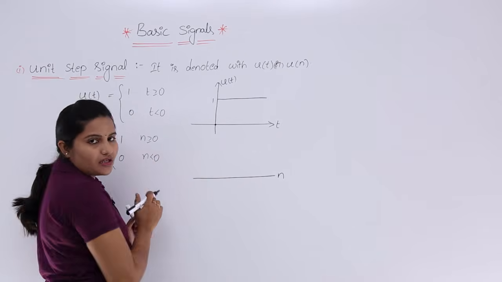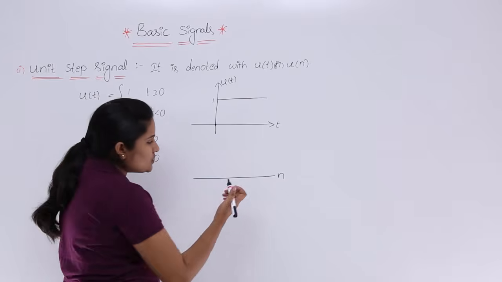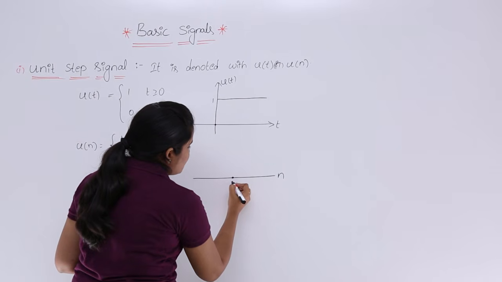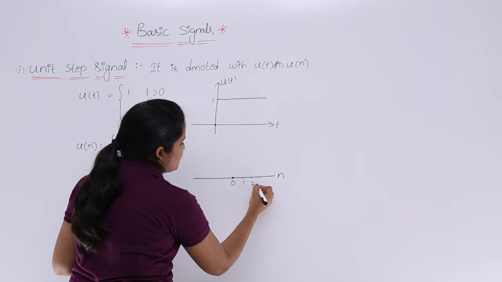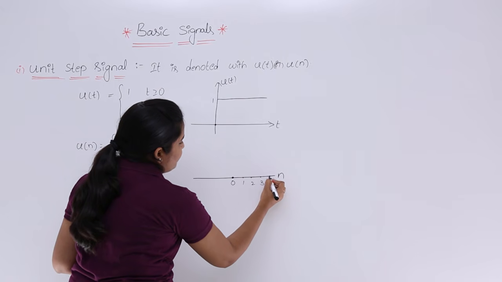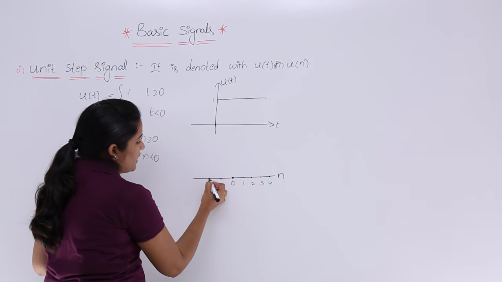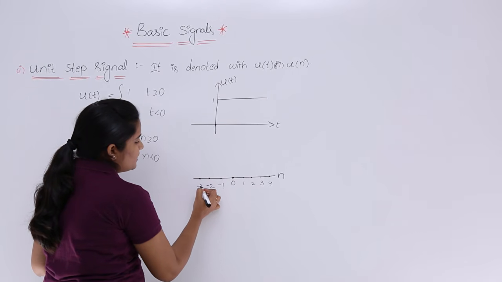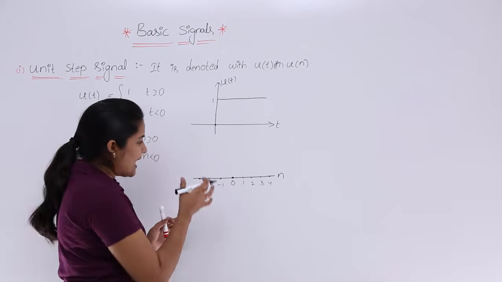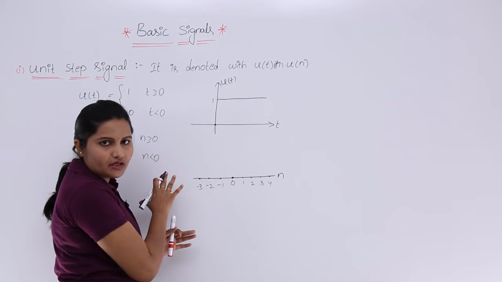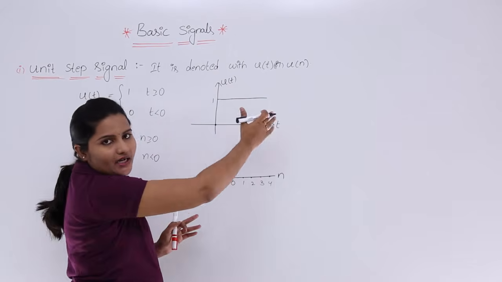When n is greater than or equal to 0, you place samples equal to 1. You can observe that I am considering discrete intervals: 0, 1, 2, 3, 4, and on the other side minus 1, minus 2, minus 3. I consider only discrete intervals because this is the discrete definition, so we need discrete values, whereas earlier we had continuous values.